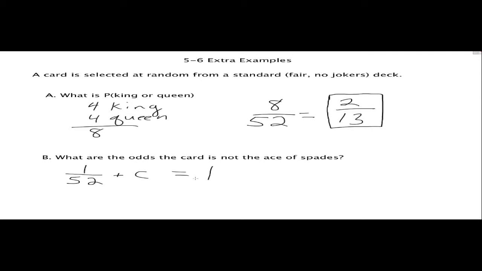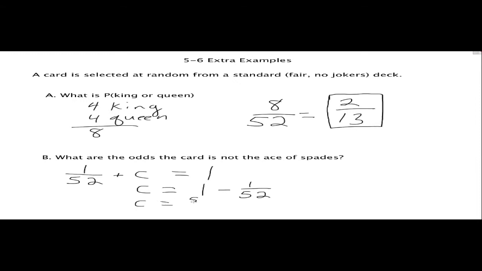So to find out what C is, it's simply that C is equal to 1, the probability that everything happens, that we could draw any card, minus 1 out of 52, the probability that I draw the ace of spades. And 1 minus 1 out of 52, I change this to a fraction, to 52 out of 52. Right, you got that, yeah?